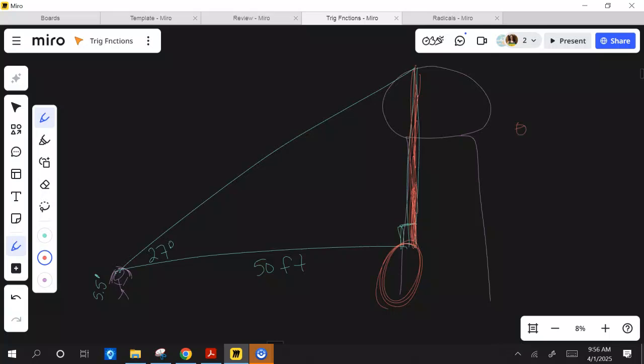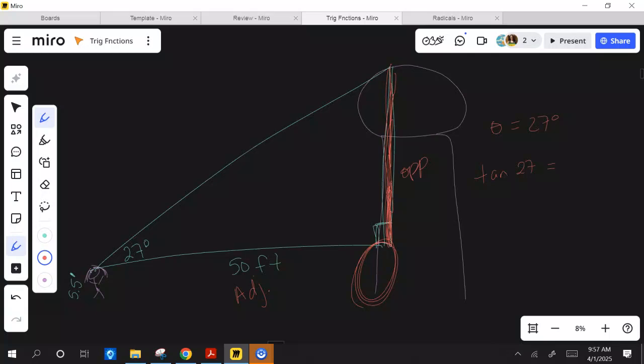If theta is 27, I have adjacent. This is adjacent. This is opposite. What deals with adjacent and opposite? Tangent. So the tangent of 27 is going to equal opposite over 50. What is the opposite side?